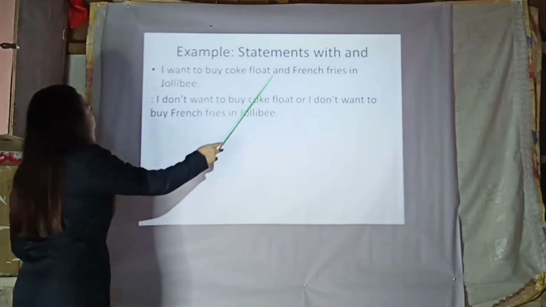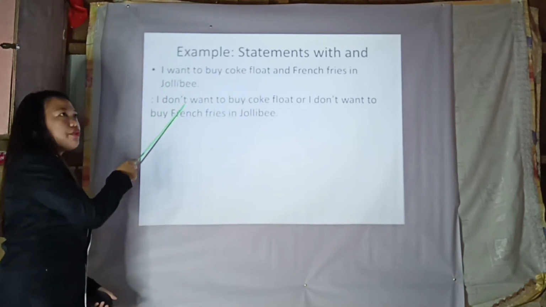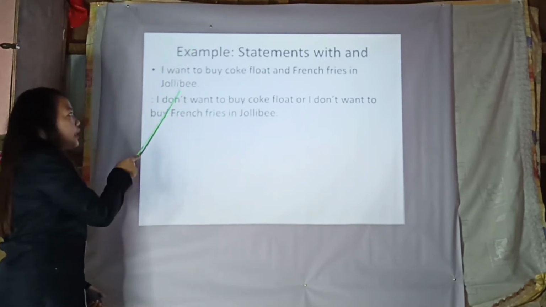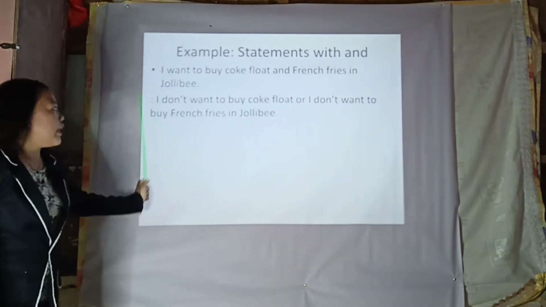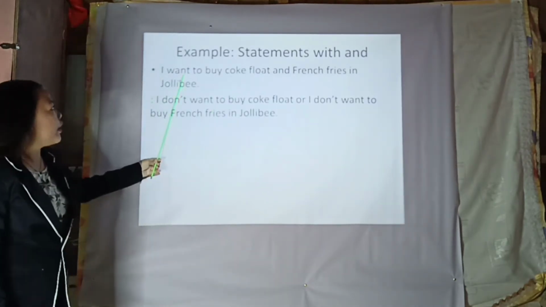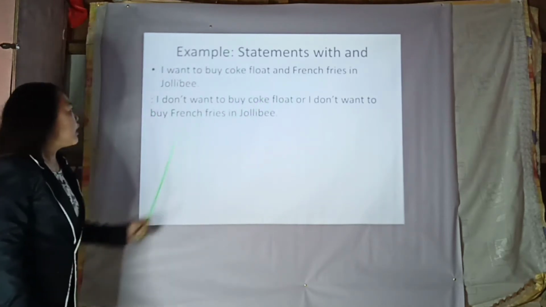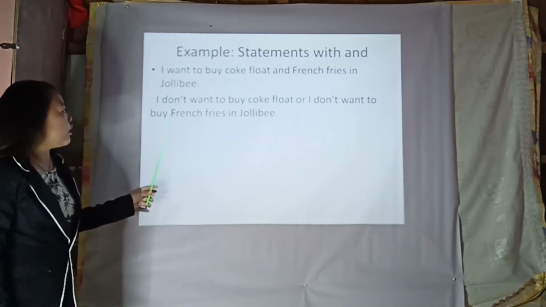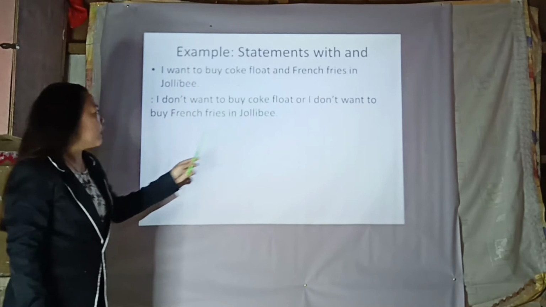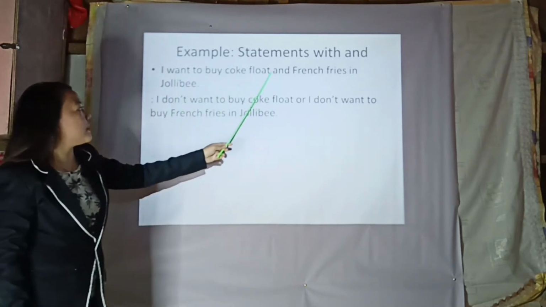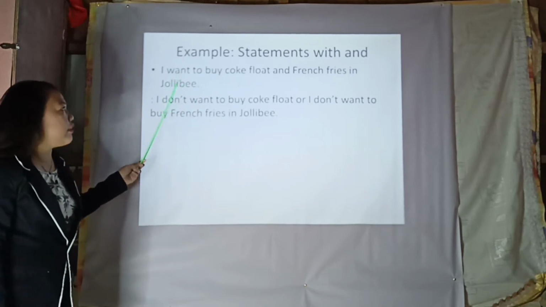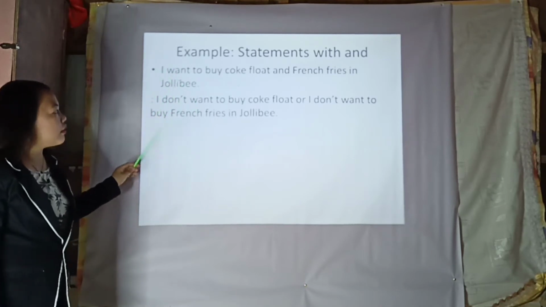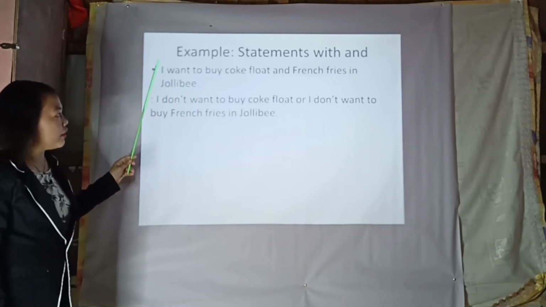The P statement doesn't have a negative, so the negation of positive will be negative. So this statement will be the negation of this statement. So the negation of P will be I don't want to buy Coke float. As you can see, the first statement doesn't have a negative or not sign.